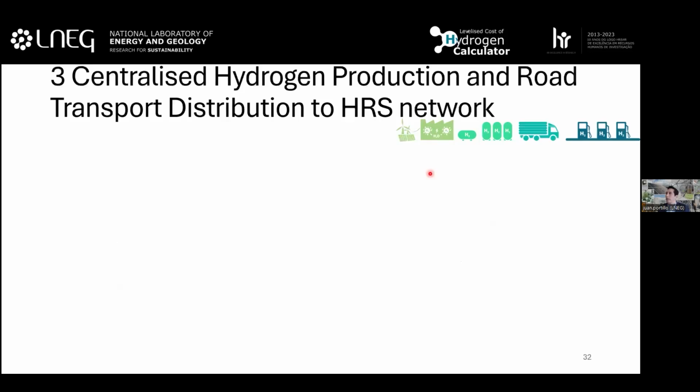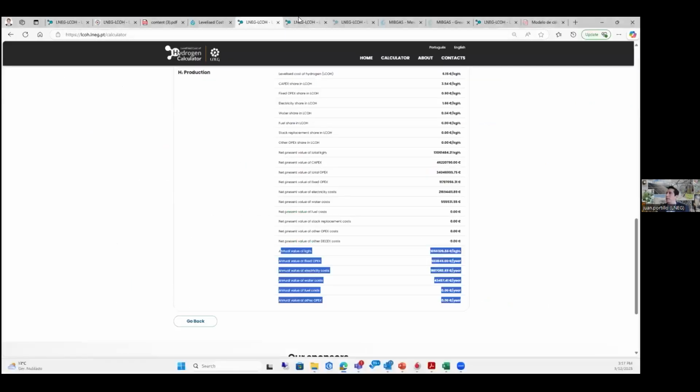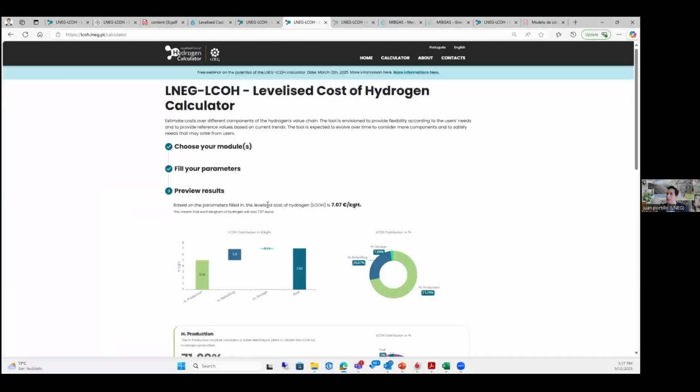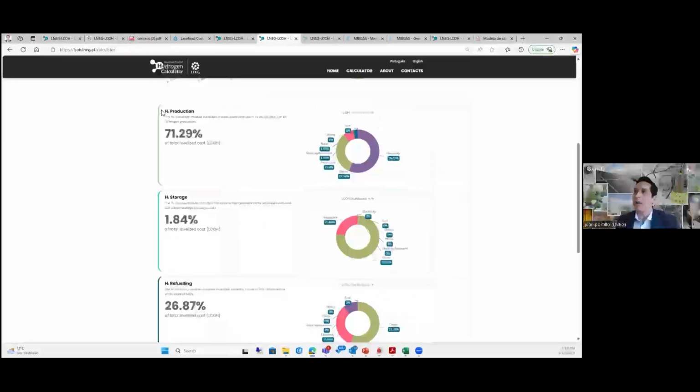Okay, the third case. I can take advantage now to go again to the site and go to this case, because we can see more information. As we selected various modules, in here is the same graph, that is dynamic, but we have another piece of information for every module.